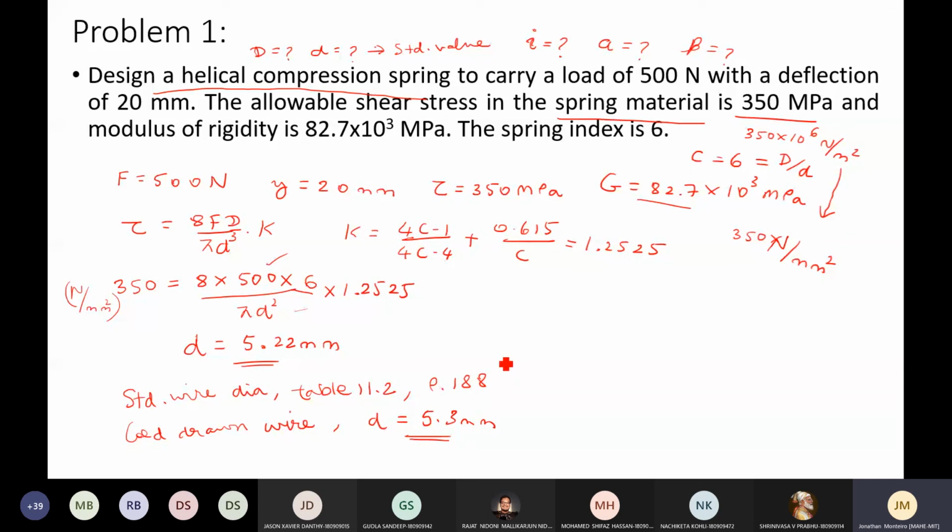And once d is done, you can easily find out the coil diameter D, which is nothing but 6 times d. It comes out around 31.8 mm.